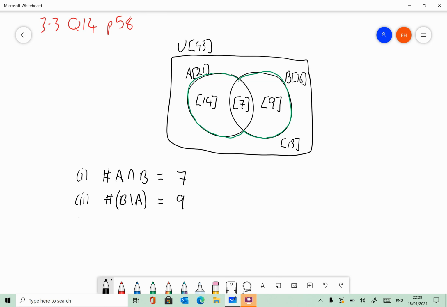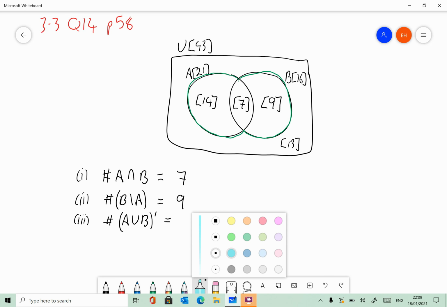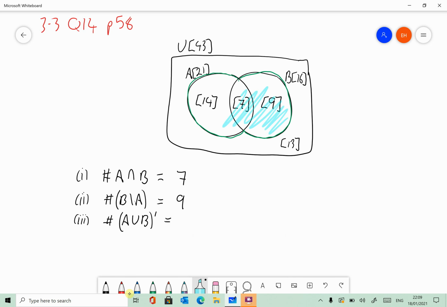And then the cardinal number of A union B complement. So A union B, first of all, is everything I'm shading in at the moment. And then complement, this little asterisk up here, we pronounce it as complement. So the complement of that means everything that's not in that but is in the universal set. So the size of that is 13.